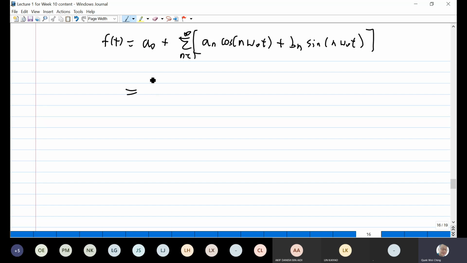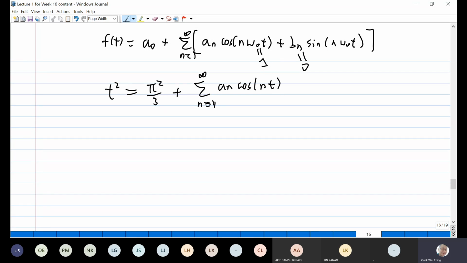We found out that a0 is pi squared over 3, where ft is t squared, and then all the bn are 0. So this is the summation from n equals 1 to infinity of an cosine n omega 0 t, where omega 0 is 1.